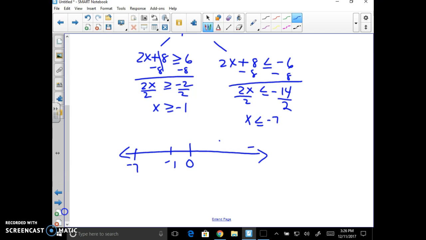So greater than or equal to negative 1, less than or equal to negative 7. So we're going to say negative infinity to negative 7. Oops. Closed, right? Or it's either this one or that one, right? And then there. Okay.